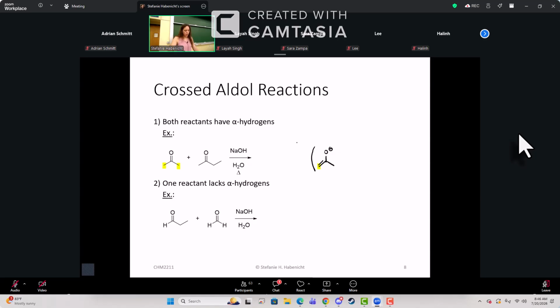And then we have butanone, which has two different alpha positions. There is this methyl group, the less substituted side, and there is this methylene group on the more substituted side. And so while one of the respective enolates is certainly more stable than the other, that doesn't mean the more stable one forms exclusively.